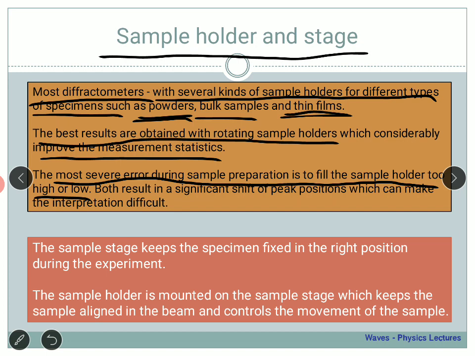Both result in a significant shift of peak position, which can make the interpretation difficult. So if your sample is not prepared or properly filled into the sample holder, there will be a peak shift. You are going to get a different result altogether. You are expecting some material, you see that there is too much shift, it might not even be accepted in relevant journals. Okay, so that's very important.